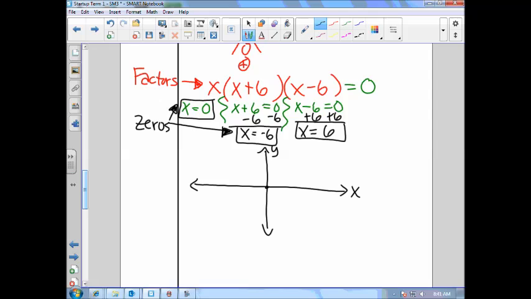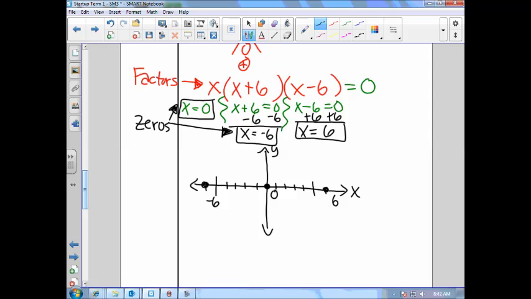So we have one intercept right here at 0. Plot the point, please. We have one at negative 6, so 1, 2, 3, 4, 5, negative 6. We have another one at positive 6: 1, 2, 3, 4, 5, positive 6. Any questions how I'm getting these points?